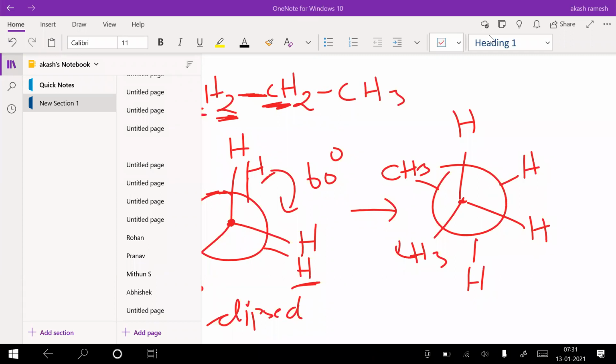Abhishek, Divya, Mithun, Pranav, Rahul, all of them are there. Okay, Pranav says, yes, sir. So 3 votes. Okay, Divya also says yes. Okay, fine. So most of you say yes, right?